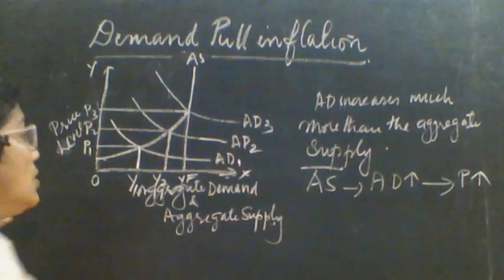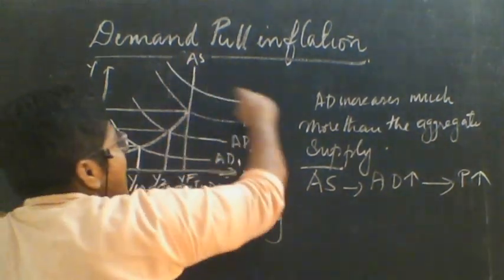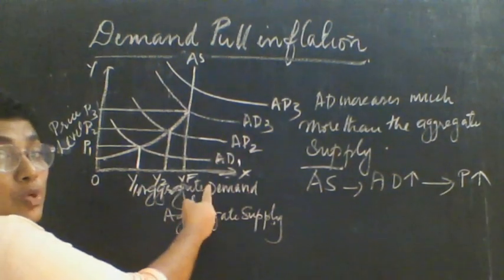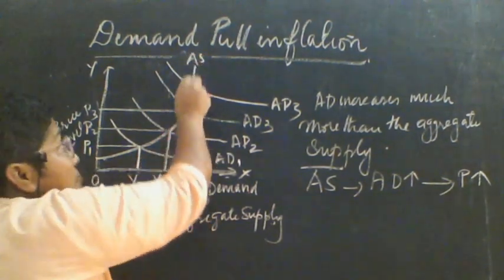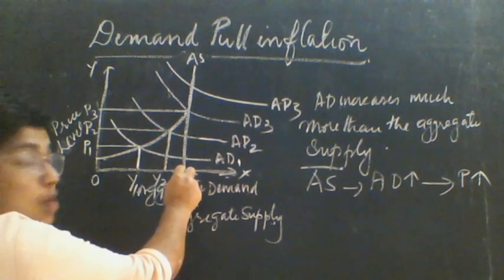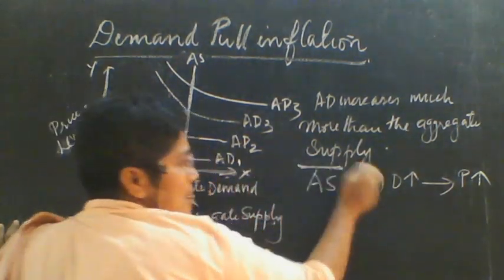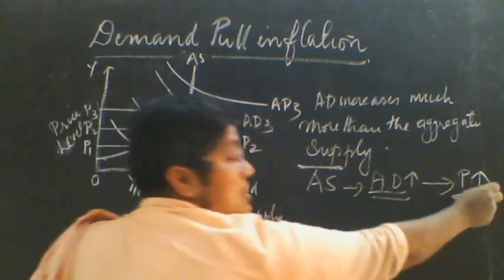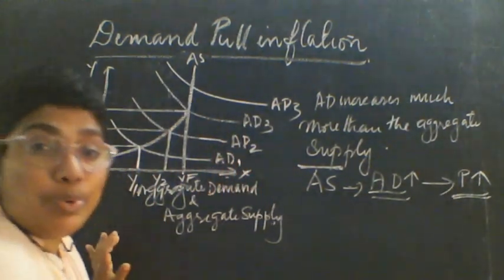The inflationary situation occurs when aggregate demand increases again. Is there any possibility of increasing output? No. Output has already reached the full employment level. There is no possibility of increasing aggregate output. So, given the aggregate supply, when aggregate demand increases, that causes an increase in P, known as demand pull inflation.